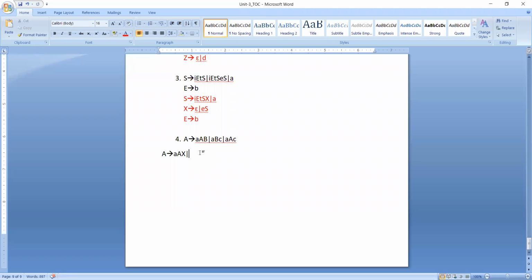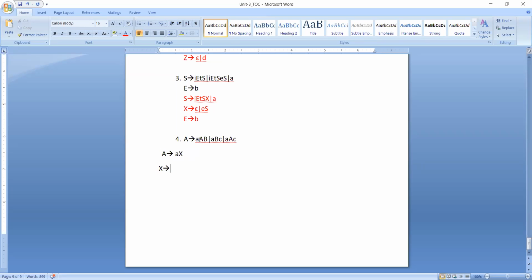If you go for doing like this, again please observe what part we have over here. We have small a. So better we go for taking small a itself as our left factor part, small a and then capital X. And coming back to capital X, what is capital X?